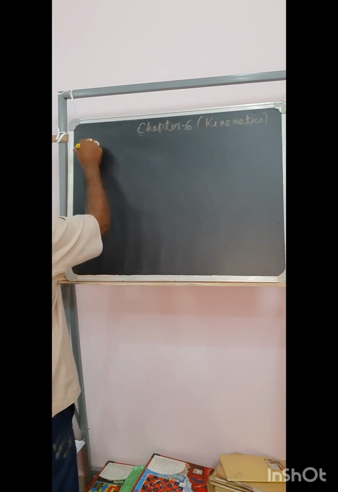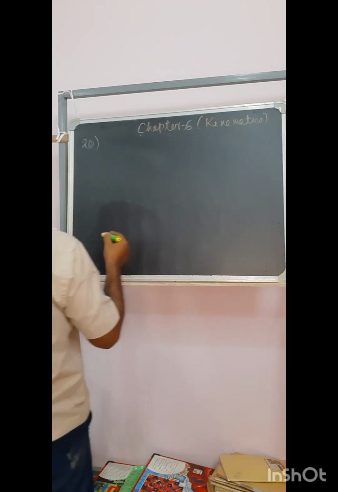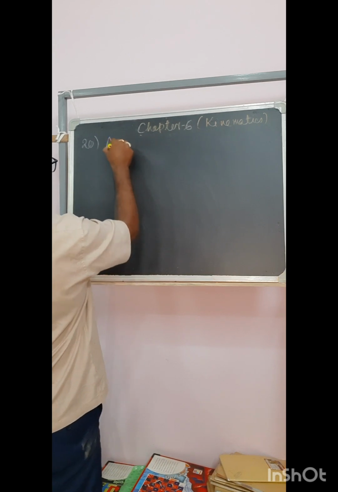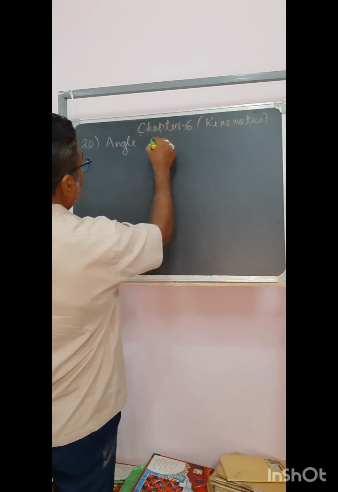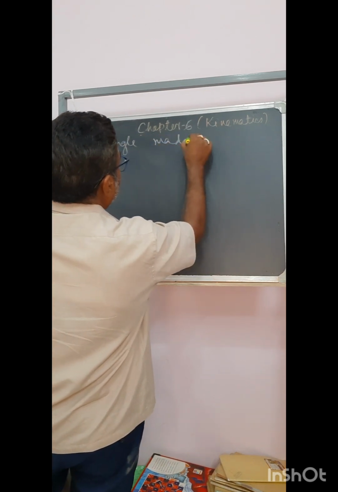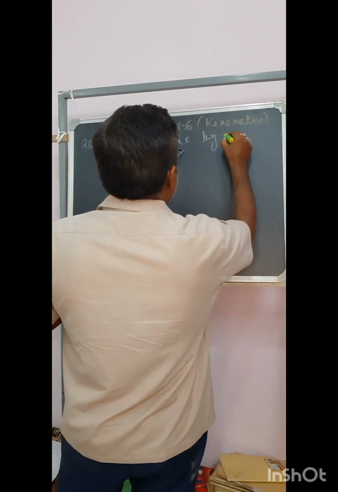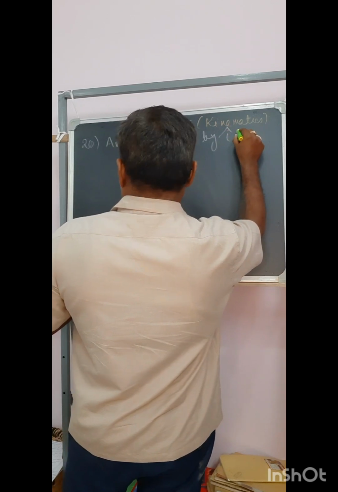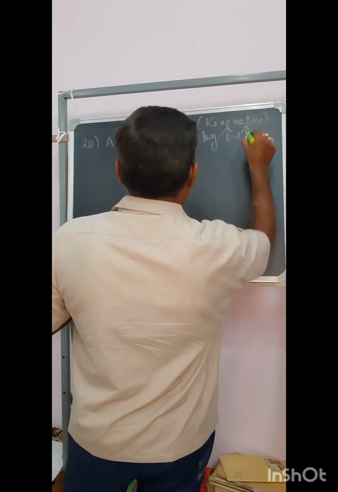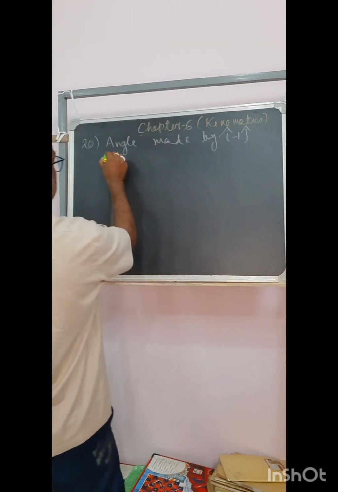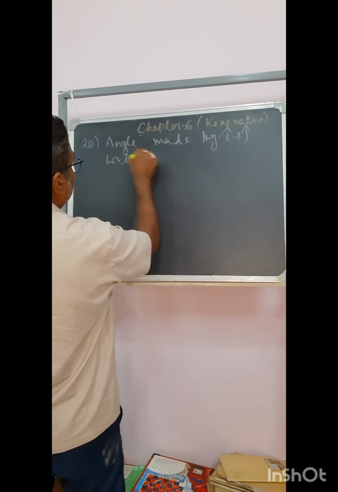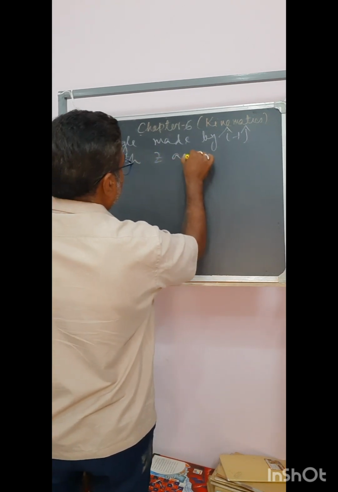So the next problem, that is the last problem 20: the angle made by unit vector i plus unit vector j with the z axis. Okay.